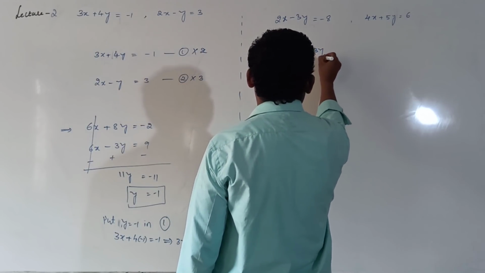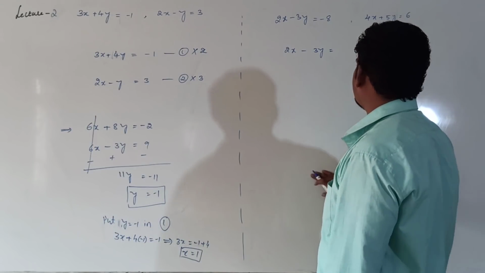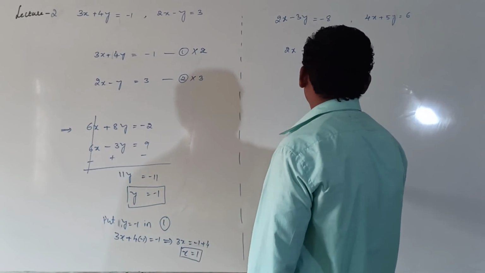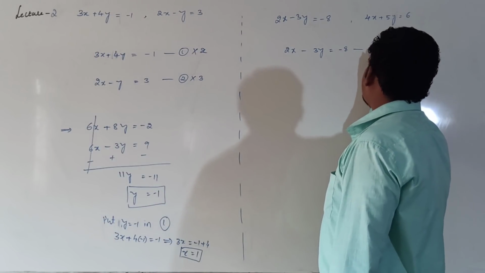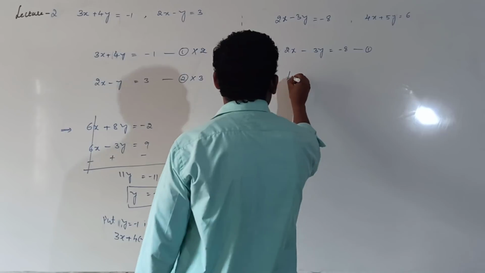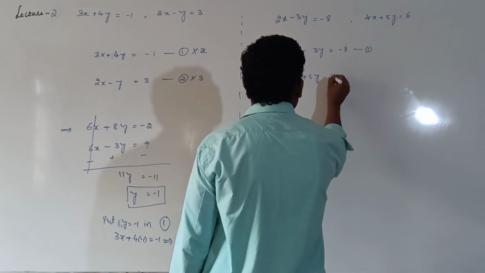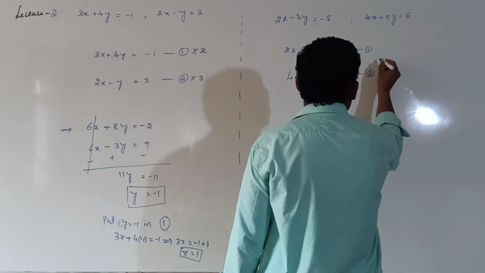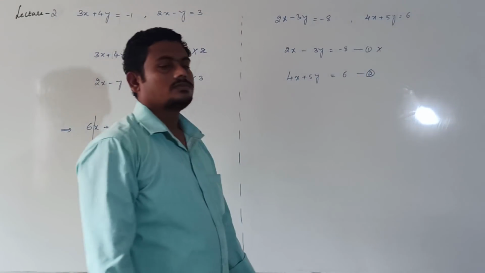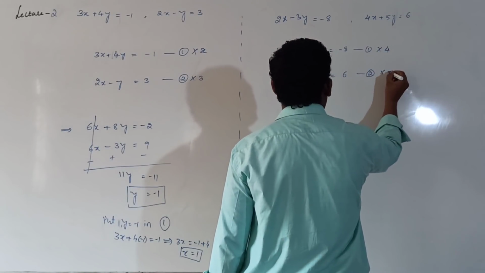Take 2x minus 3y equal to minus 8 as equation number 1, and 4x plus 5y equal to 6 as equation number 2. Just equalize coefficients. So multiply equation 1 by 4 and equation 2 by 2.